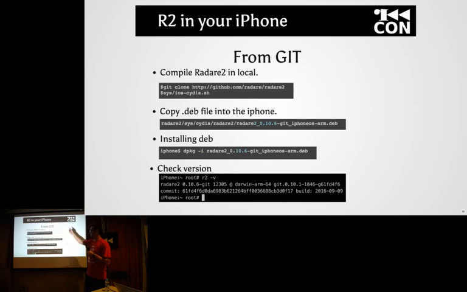Just git clone, download it, execute sys/ios-cydia, and it's going to be compiled. It's going to create a deb file. Just install it inside your iPhone, and then check the version, and it's from today. So you are pretty sure that you are using the latest version of radare. But well, I think it's already updated, so in Cydia it's updated as well, at least today.